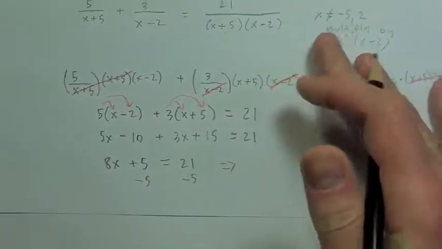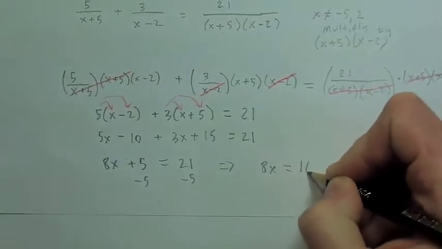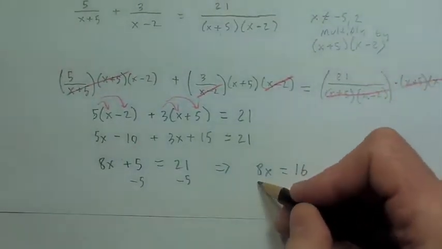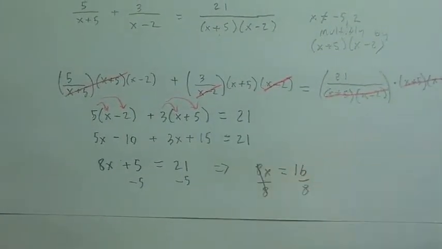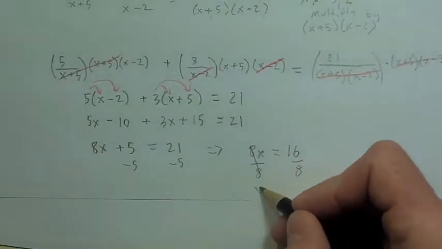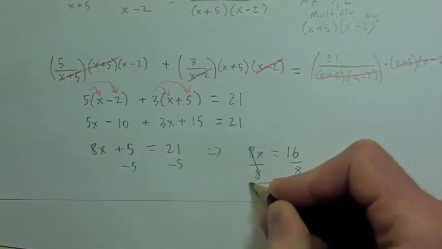Alright, so I'll do that over here. I'll have 8x is equal to 16. Okay, then we're going to divide both sides by 8 to finish off this equation. So we're going to get x is equal to 16 divided by 8, which is 2.